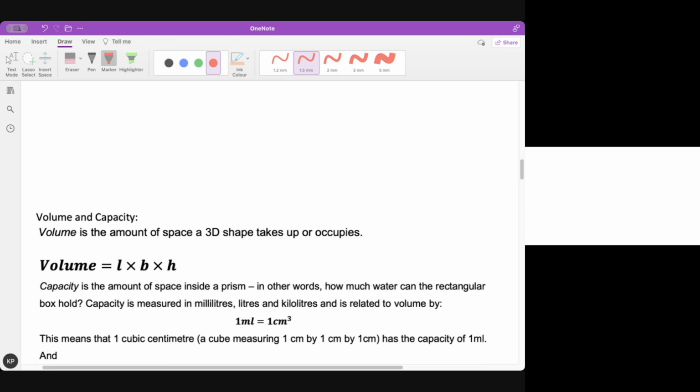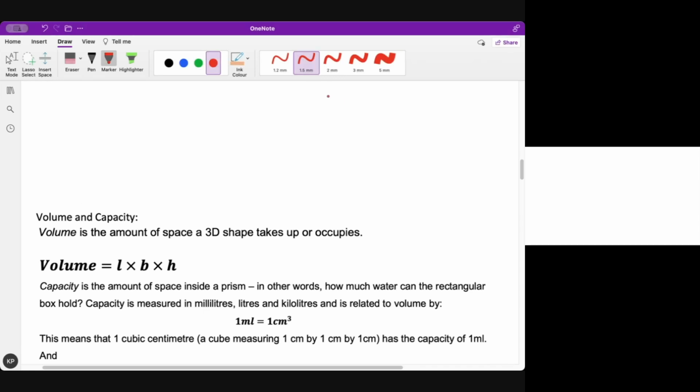And it's usually liquid. Does that make sense, guys? So think about your bottles, your water bottles. Your mugs even have capacity so that you know how much tea or coffee am I drinking.